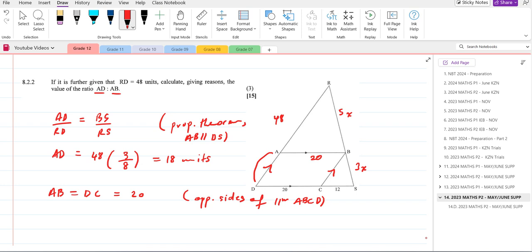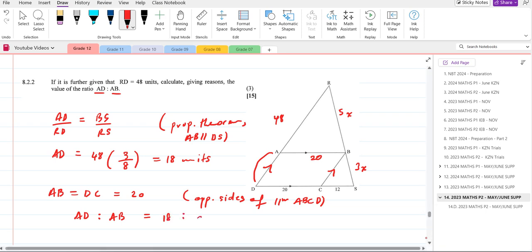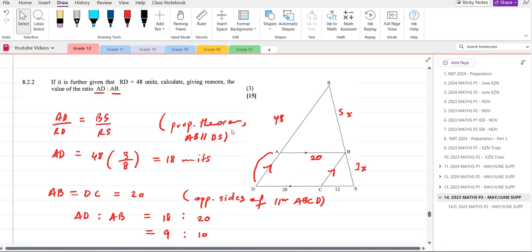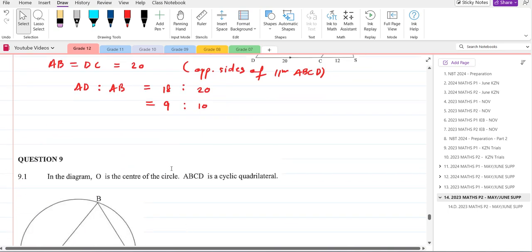And now what we can say is AD to AB is now equal to, what's AD? AD is 18 is to 20, which is 9 is to 10. Right, so I hope you guys understood that. 9 is to 10, that's the simplified ratio. Next question.